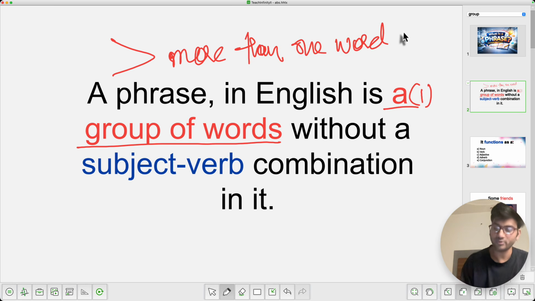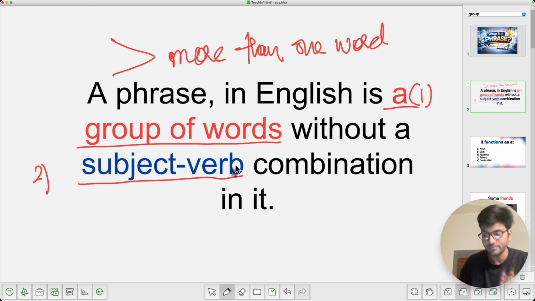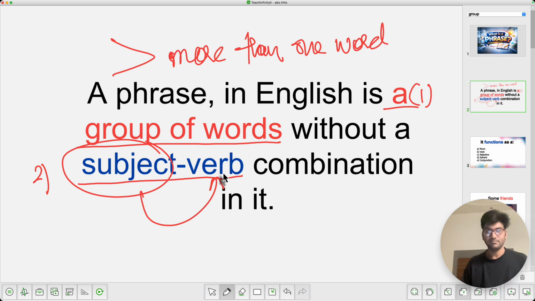It is always more than one word. One word can't be a phrase. Point number two, it does not have the subject verb combination in it, meaning it does not have both a subject and its verb.